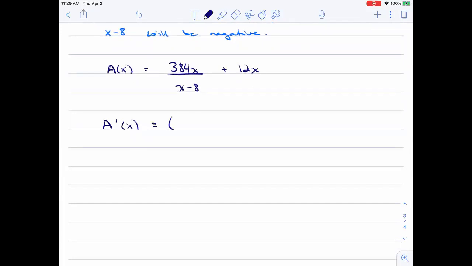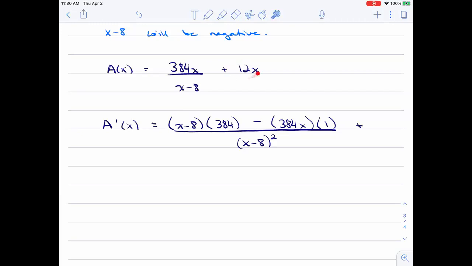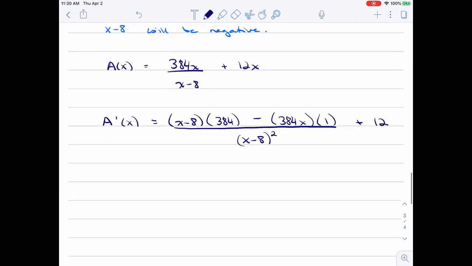We've got g, which is x minus 8, times the derivative of f, which is 384, minus f, 384x, times the derivative of g, which is 1, over x minus 8 squared, over g squared. And then here we're just adding, we can think of this as a polynomial, so we find the derivative, and the derivative of 12x is 12.